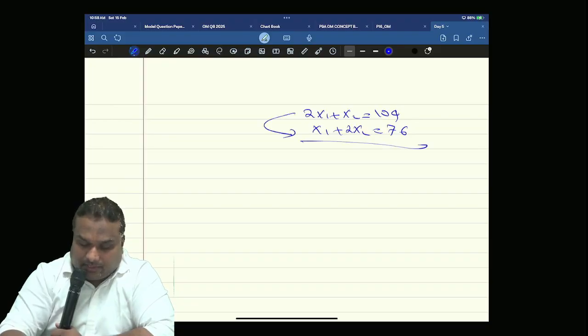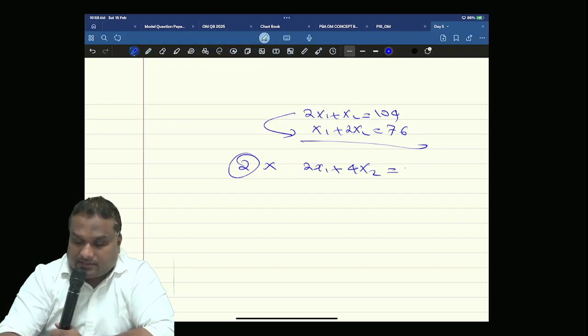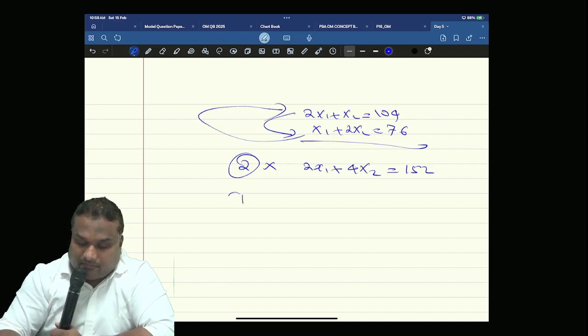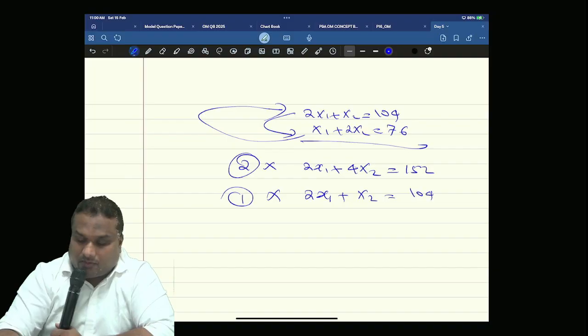First multiply the second equation by 2: 2x1 plus 4x2 equals 152. Now multiply the first equation by 1: 2x1 plus x2 equals 104.